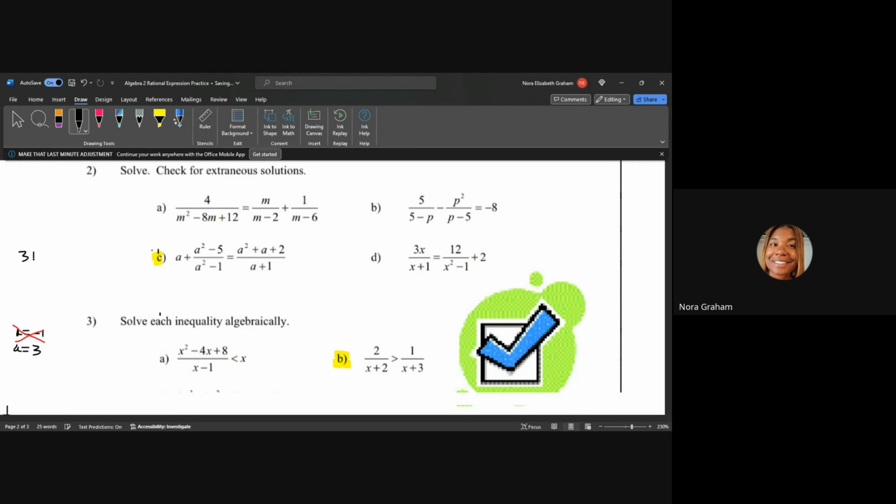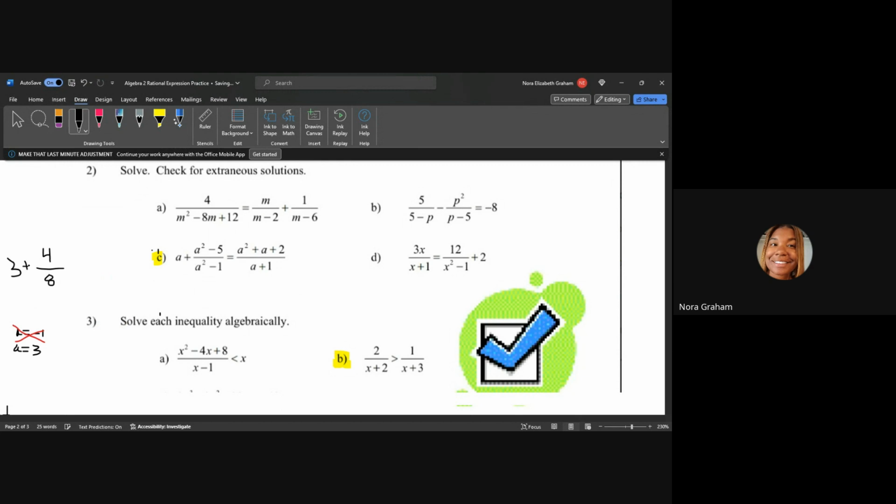3 plus, and then I have 9. 3 squared is 9. Then 9 minus 5 is 4. So that's 4 up top. And then 3 squared, 9 minus 1 is 8. Right, and that was a 3 right here.